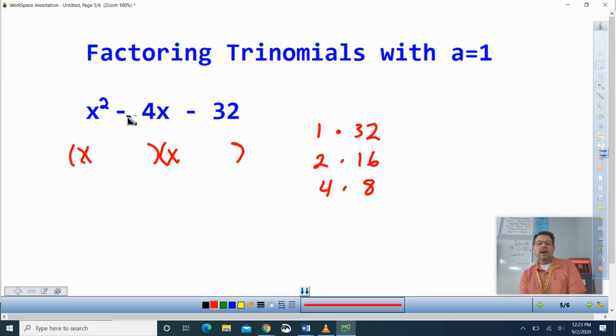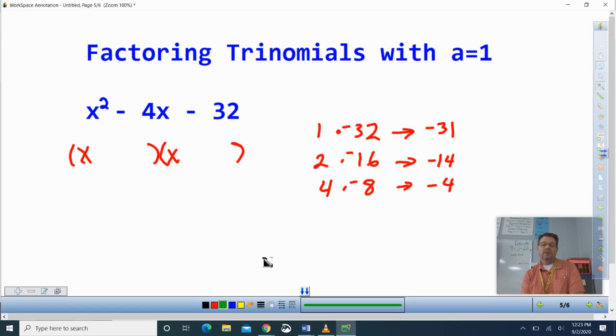Well, since I have a -4 as my answer, I need to have more negatives than I do positives. So I'm going to put my negatives over here. And so when I add these together, each one of those will give me a negative answer. So I'll put these together, and that's going to give me -31. Those are going to give me -14, and those will give me -4.